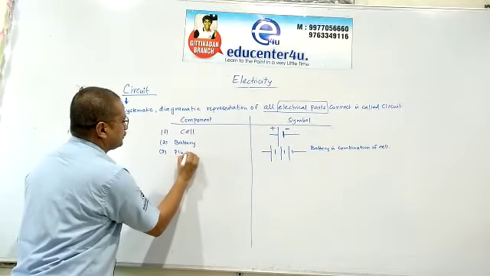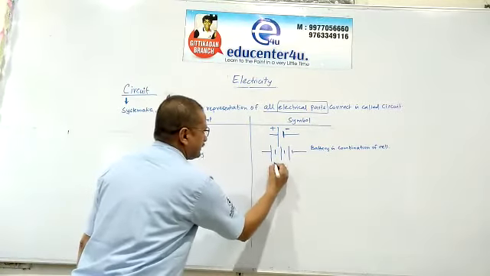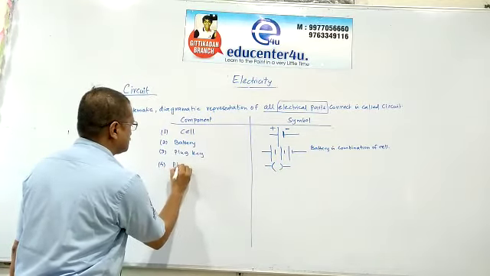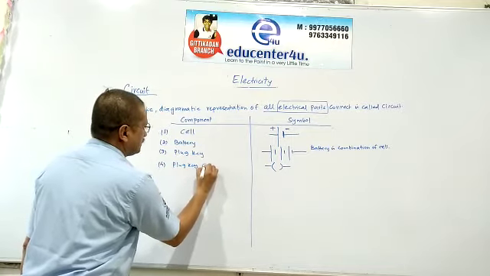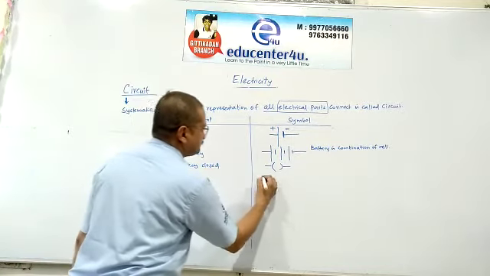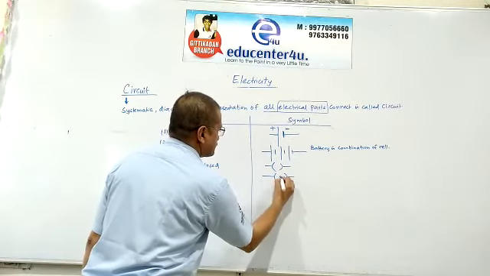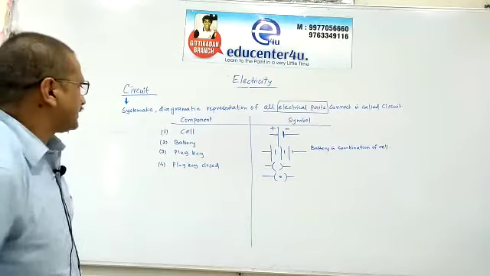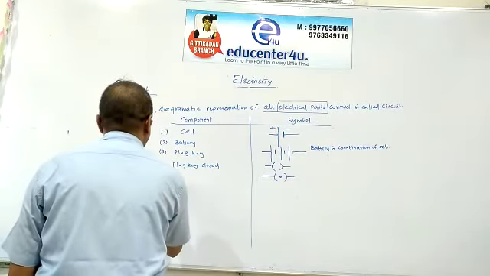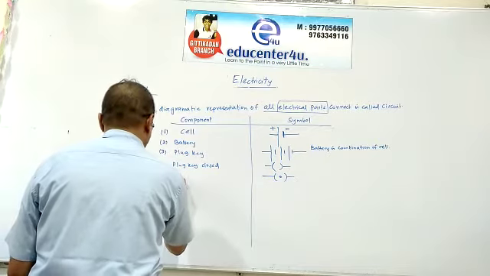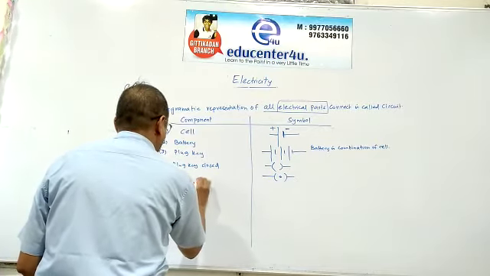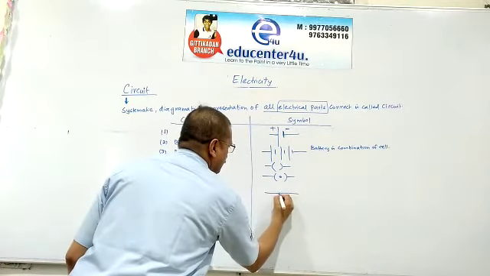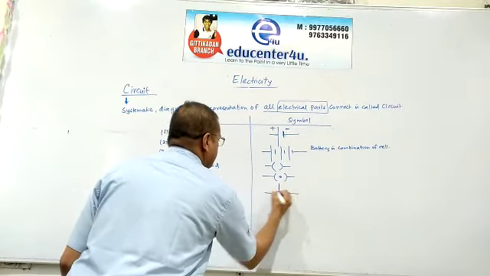Then we use plug key, closed, wire, then we will call a wire jointed. So jointed wire will be depicted like this only.